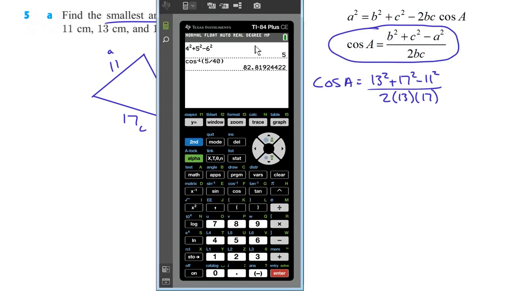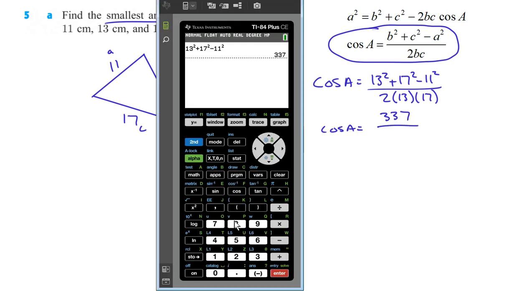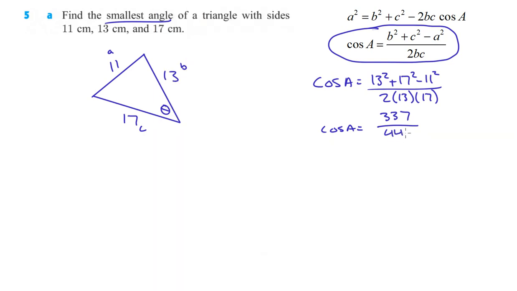Now, I'm going to keep saying this over and over again throughout this, but I suggest doing the top and then doing the bottom. So 13 squared plus 17 squared minus 11 squared gives us 337. Cosine A, and then 2 times 13 times 17 is going to be the bottom, which is 442.